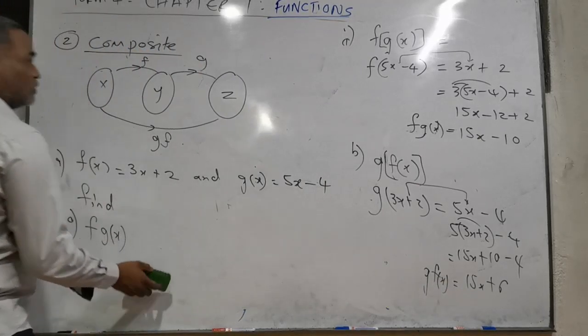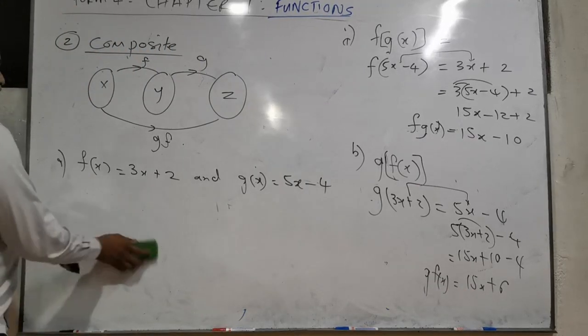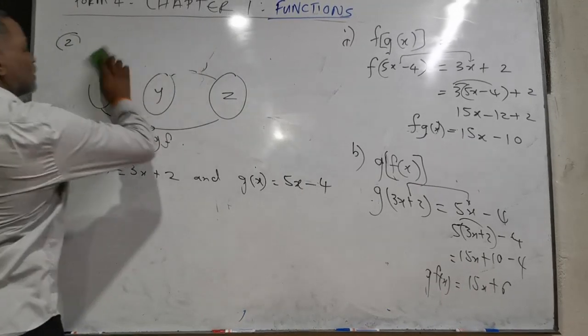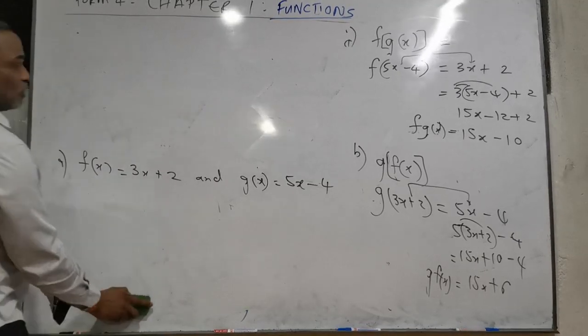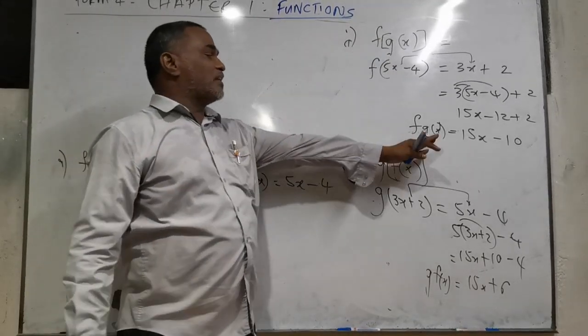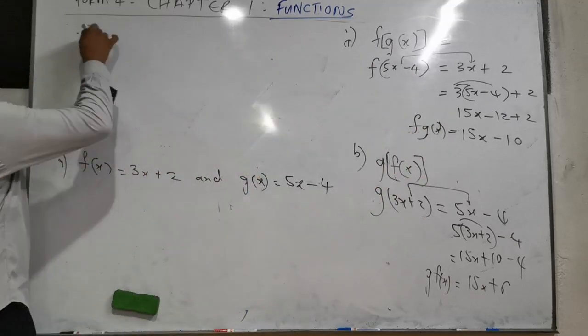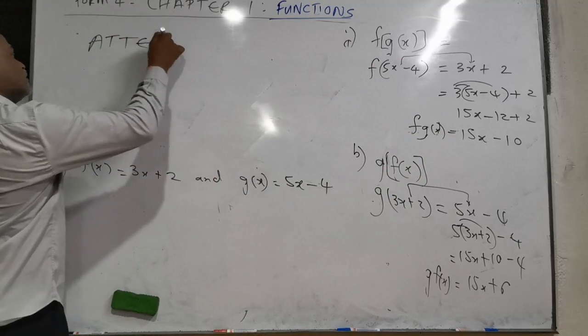Alright. So the third one, I'm going to give you attention now. What do I mean by attention? Just now they gave f and g and we found the composite function. Then g and f, we found the composite function. Now you see the second one, attention, right?